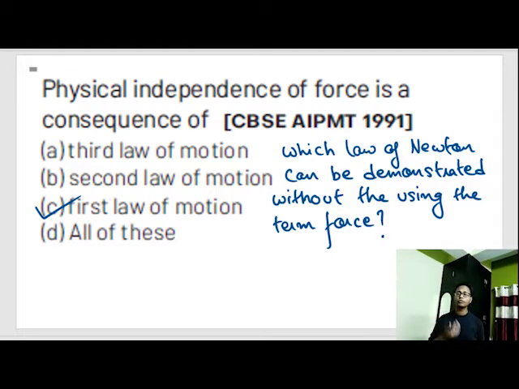The first law of motion is nothing but the preservation of velocity, or preservation of momentum. What momentum is will come later, but the first law specifically talks about preservation of velocity. The velocity will not change until and unless someone applies some force. If velocity is equal to 0, it will remain 0. If it is moving with some velocity v, it will continue to move with velocity v.